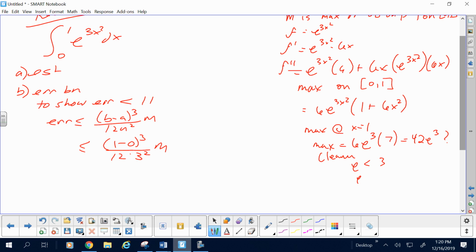And therefore, e cubed is less than 27. And 42e cubed must be less than 42 times 27. Now, an M of 42 times 27 might not be the least upper bound, but it is an upper bound.